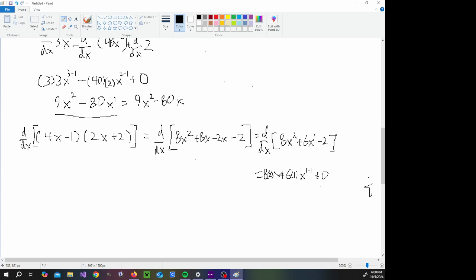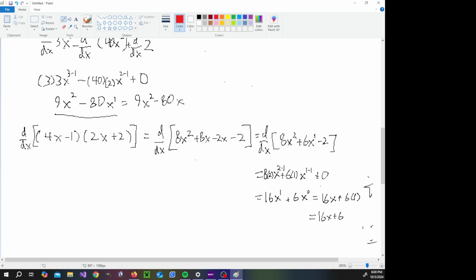We're going to multiply by the 2, and then do 2 minus 1. Well, 2 times 8 is 16, and 2 minus 1 is 1. 6 times 1 is still 6, and 1 minus 1 is 0. So this is really x to the 0th power. Well, anything to the 0th power is just 1. So it turns out this is just 16x plus 6.